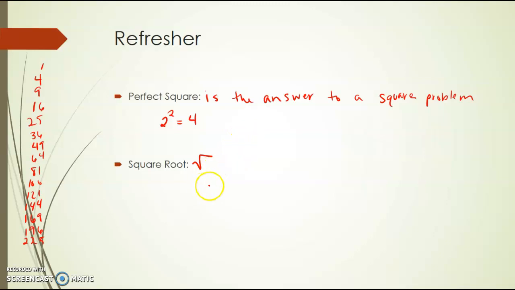So, for instance, if we take the square root of 4, that equals 2. Or if we have the square root of 9, that equals 3. If we do the square root of 10, then that would be approximately 3.1, 3.2 something, etc.